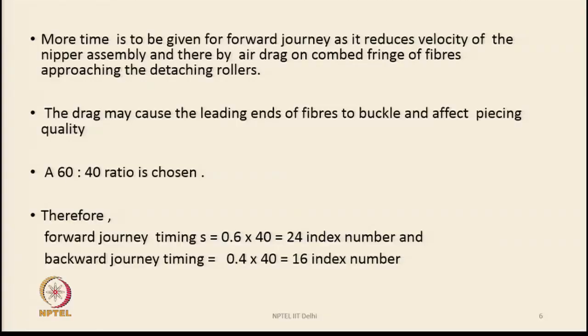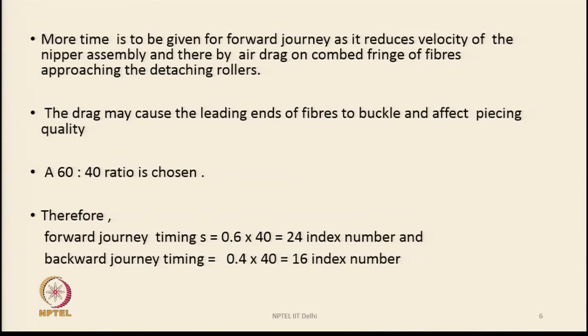So, if we choose a ratio of 60:40, which is usually chosen, then the forward journey timings is going to be how much? The whole cycle consists of 40 index number, and in one cycle we are supposed to complete all the operations.